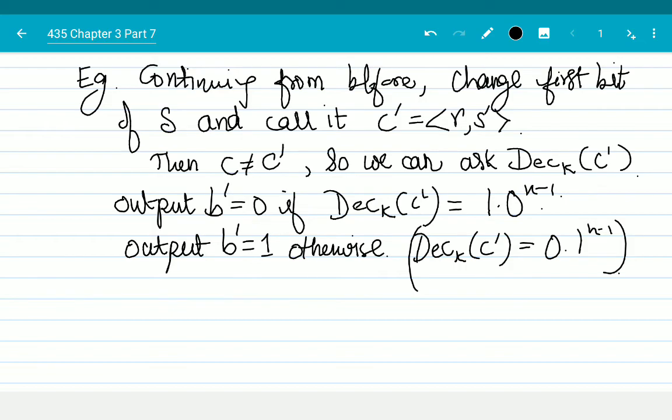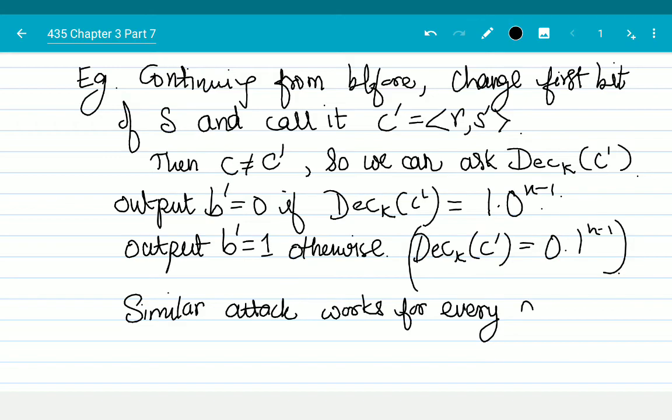Similarly, a similar attack works for every malleable scheme. Okay?